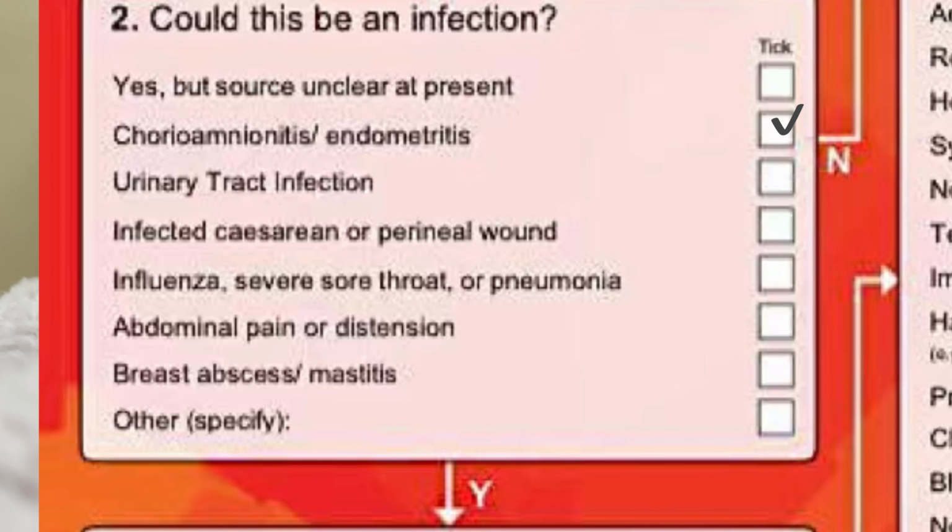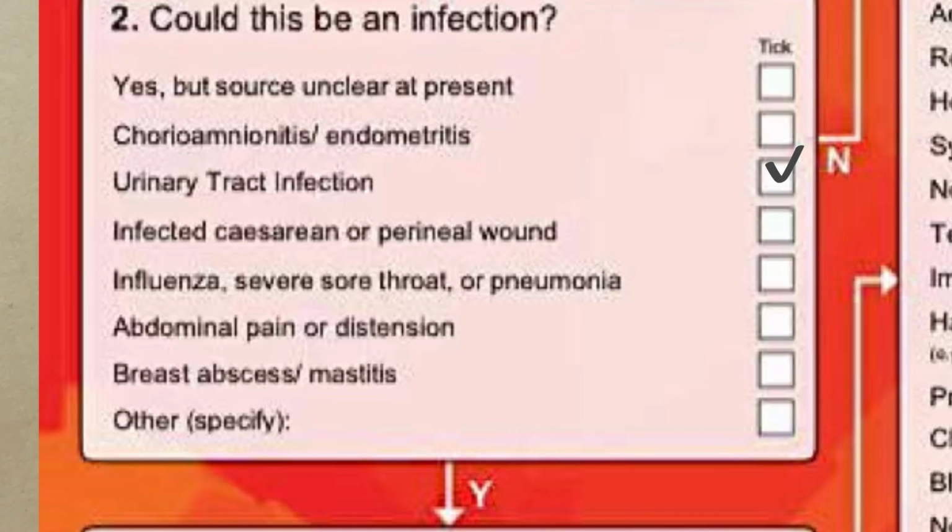Then if the examiner confirms with you yes or no, then you will want to take over here. So let's say that the examiner confirmed that yes, patient is showing signs of endometritis, you want to take. If there was no sign of endometritis, then you wouldn't take this box. Hope that is clear.